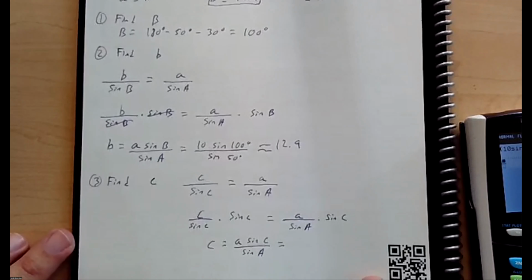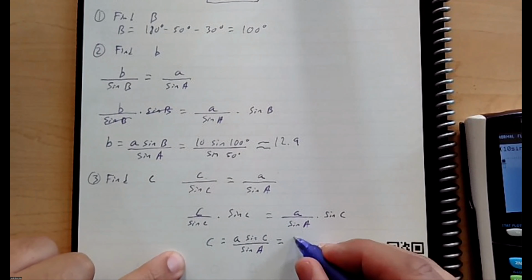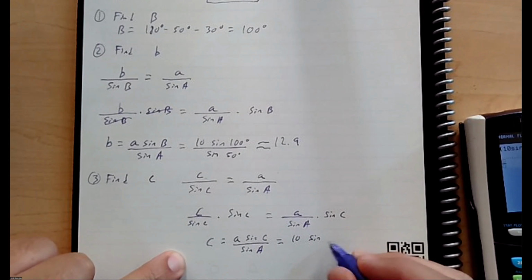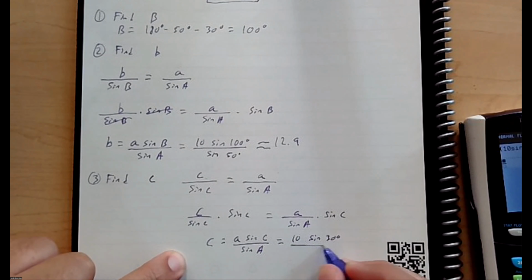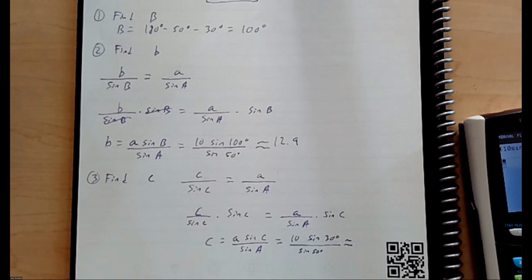Let's plug it all in and we're good. We'll have c, that will be 10 sine 30 over sine 50. I don't know what that is.